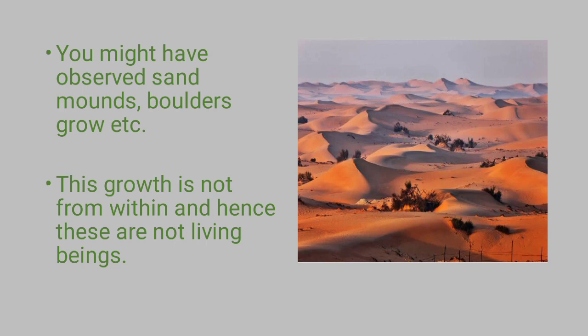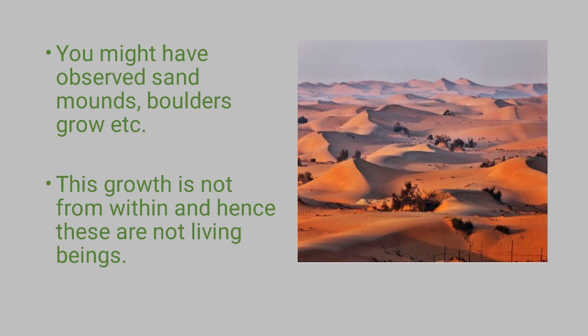There are two types of growth: intrinsic growth and extrinsic growth. Intrinsic growth occurs in the body, by increasing the mass and also by increasing the number of cells. But the growth which occurs in sand dunes or mountains or boulders is not intrinsic, it is extrinsic growth.